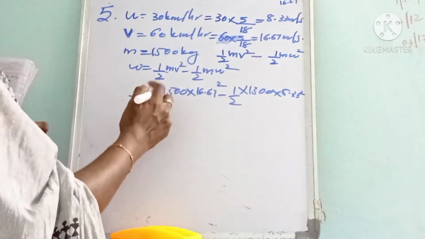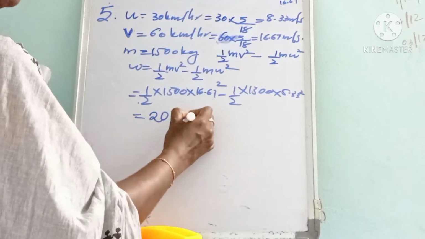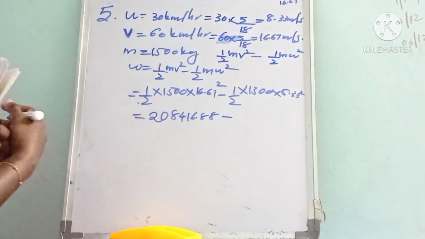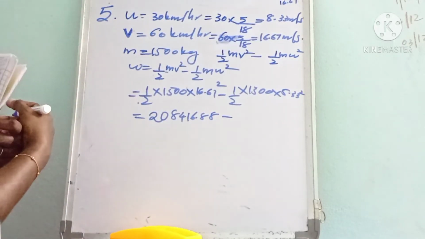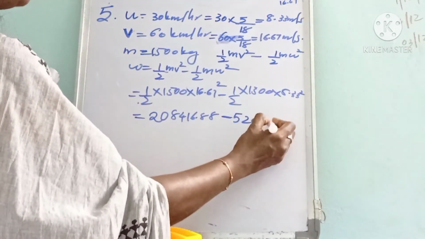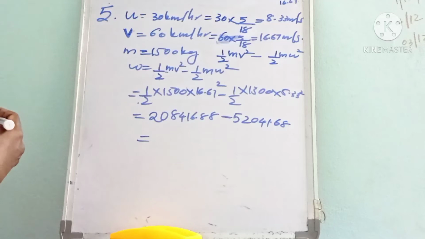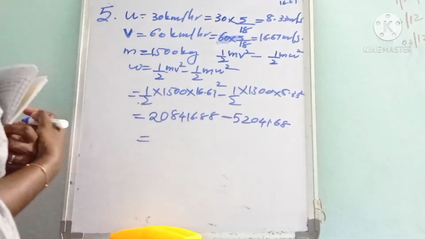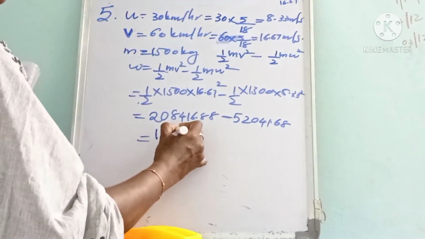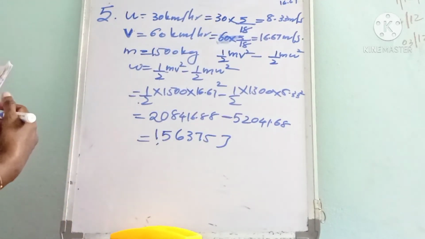Simplifying this we will get 2 lakh 8,416.88 minus 52,041.68, and taking the difference we will get 1,53,375 joule.